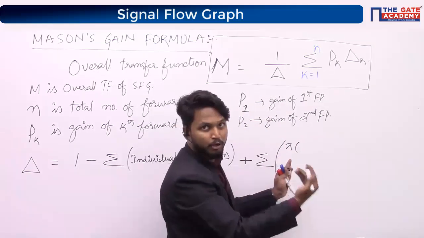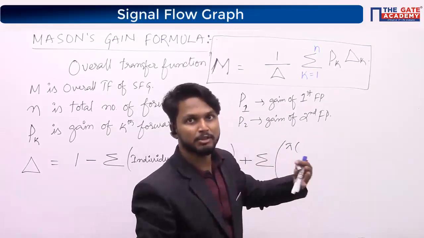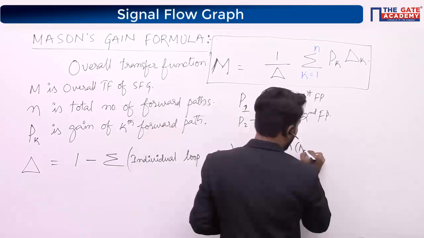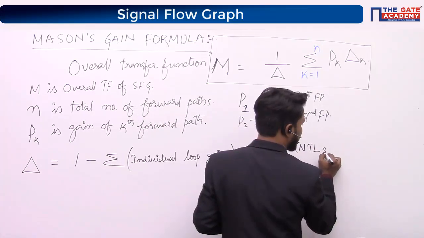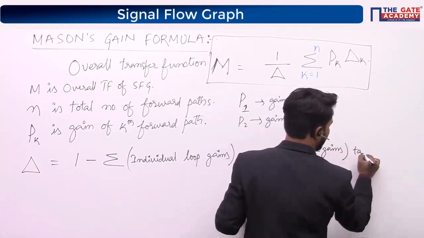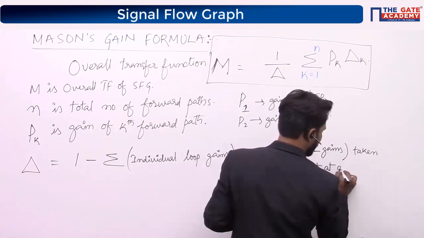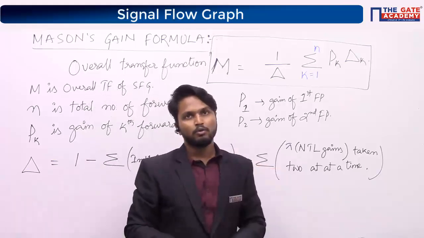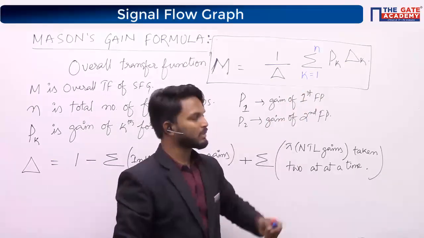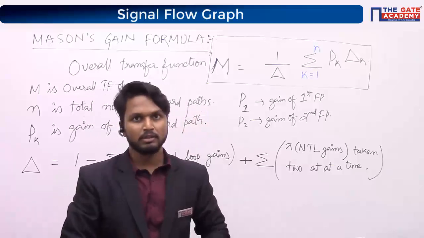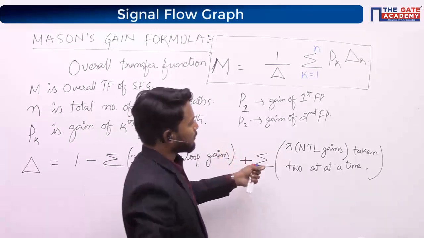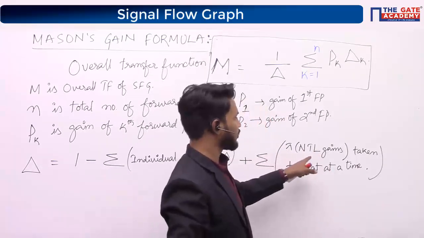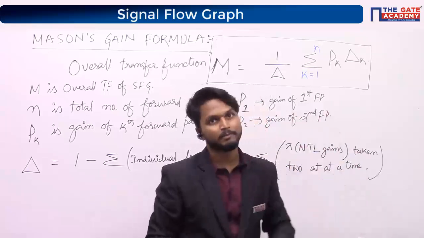Pi of something means product of something, sigma of something means summation of something. You can also say it as the product of loop gains of pairs of non-touching loops, right?